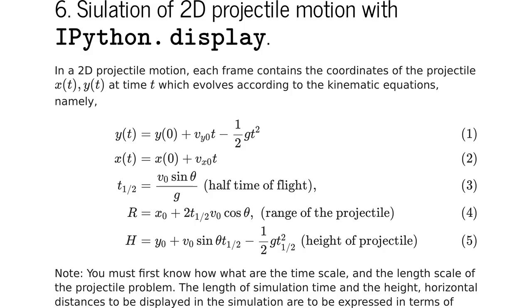The maximum height, h, is the initial y position plus v0 times sine of theta times the half-time of flight minus 1/2 times g times the half-time of flight squared. These quantities, t sub 1/2 for the timescale and r and h for the length scales, will guide us in determining the appropriate duration for our simulation and the dimensions of our display area.